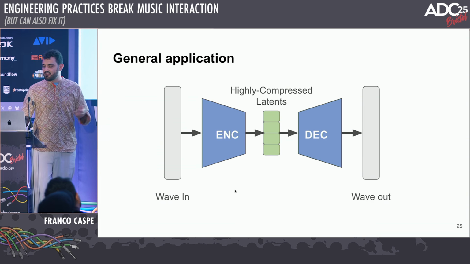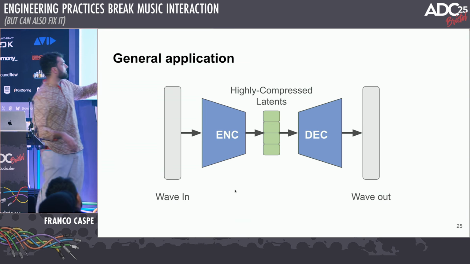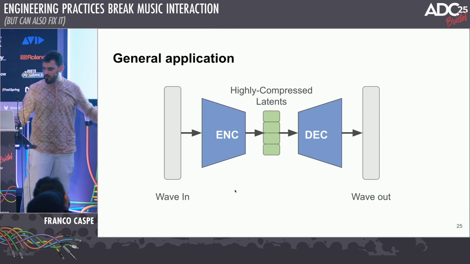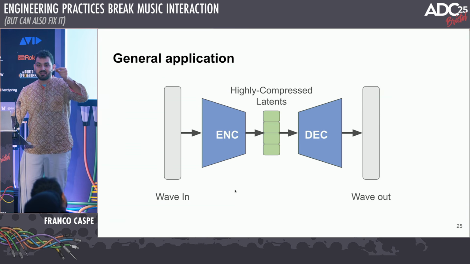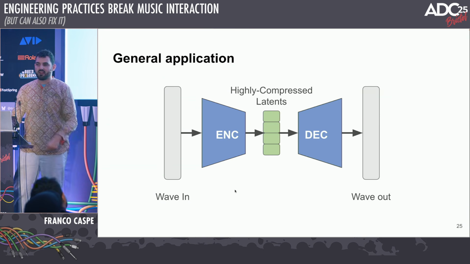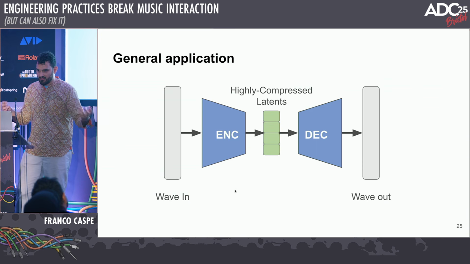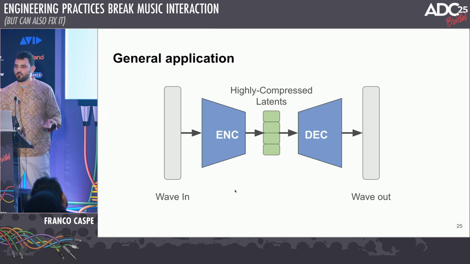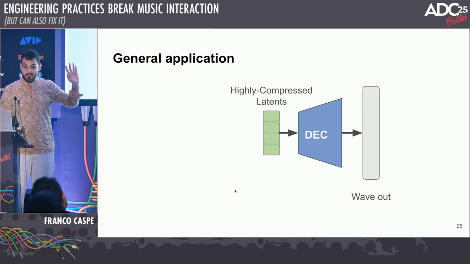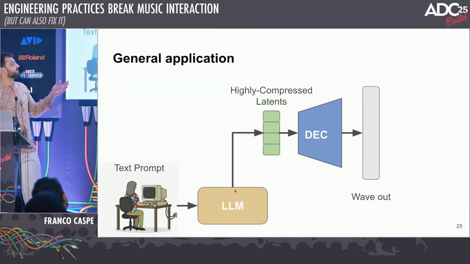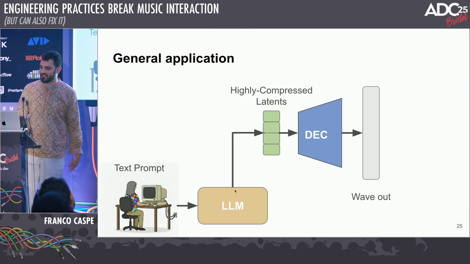And the general application here is, we train this, right? We show an audio input, we have an audio output, we train it, we get some highly compressed latents. Maybe one time step of this representation can decompress into, I don't know, 4,000 samples of audio, right? And this is because after it's trained, they just strip out the encoder, and they connect an LLM, and you have text to music, right?